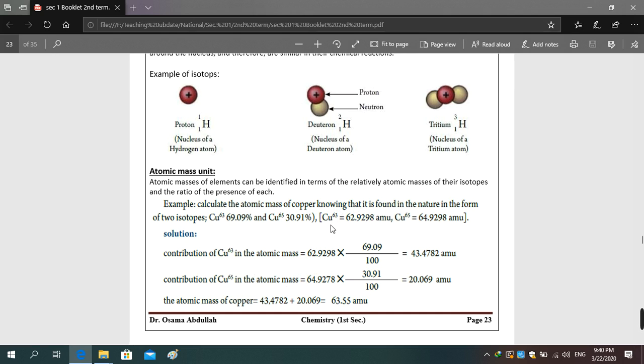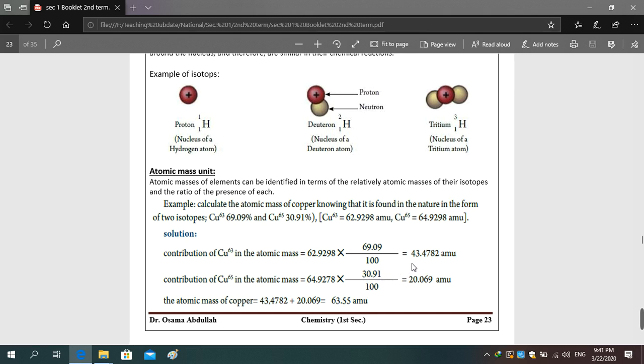The atomic mass of copper 63 is 62.9298 multiplied by its percent divided by 100, which equals 43.4782 atomic mass units. On the other side, for copper 65, its atomic mass is 64.9278 multiplied by 30.91 over 100, which is its percent in nature.